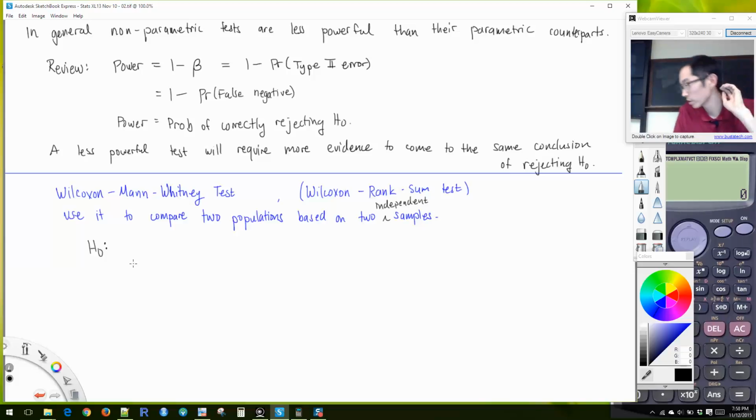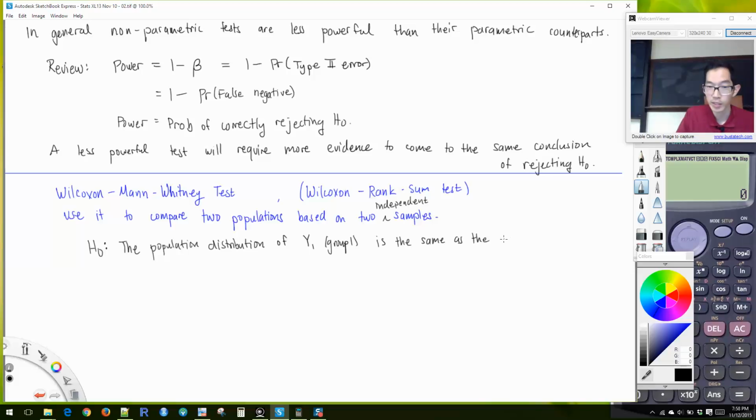Okay, so the null hypothesis is that the population distribution of Y1, or you can think of this as group 1, is the same as the population distribution of Y2, or group 2.